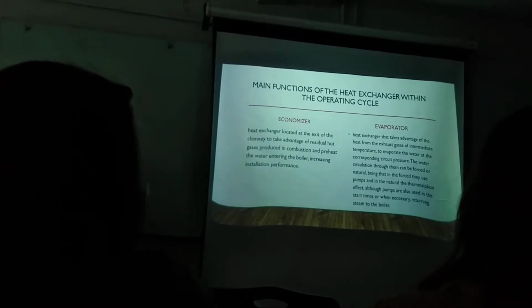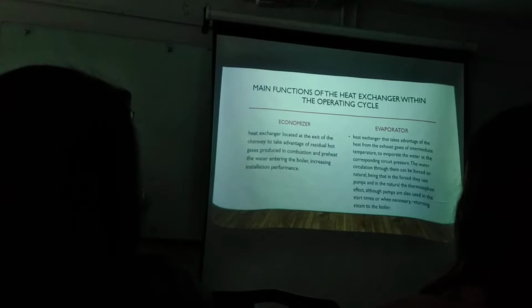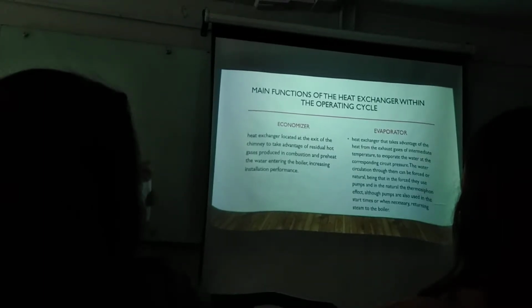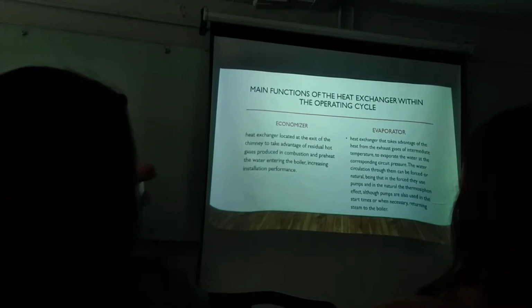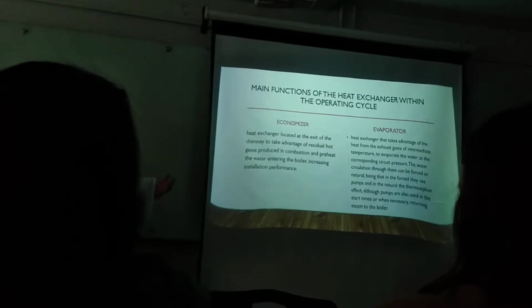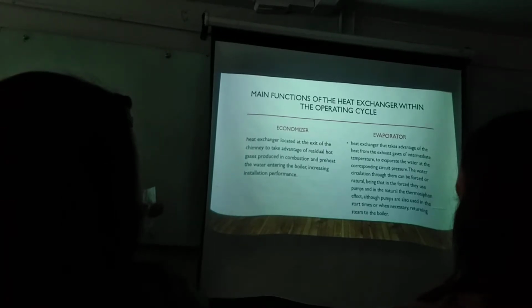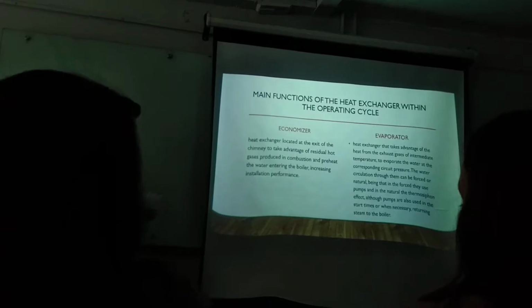After, we can find the evaporator. The evaporator is located after the steam of the turbine, because the turbine is going to condense it and it is going to be transformed into liquid.